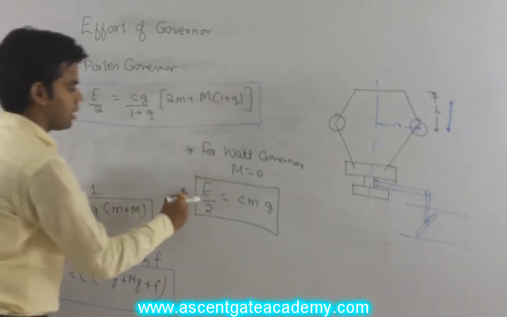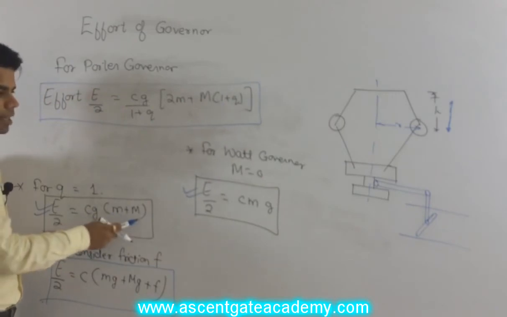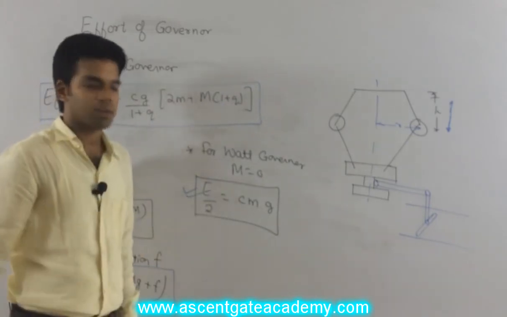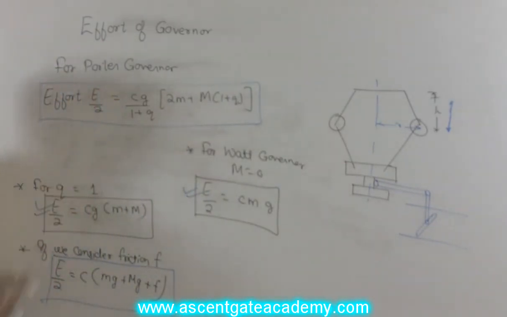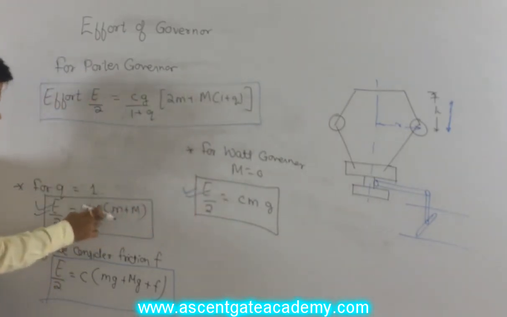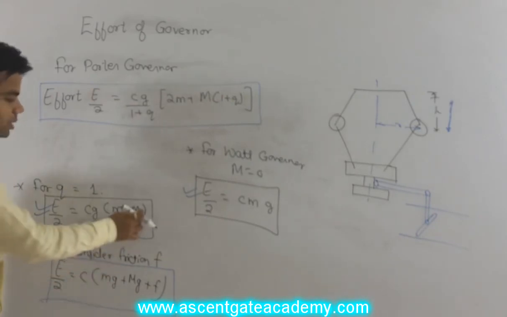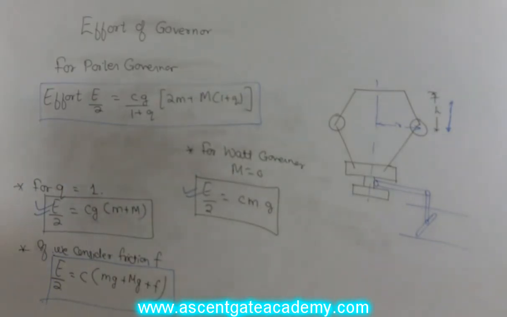This is the effort for a Porter governor, Cg into m plus capital M. This is the effort of the Watt governor, Cg into m. So the effort required for a Watt governor is less than that of the Porter governor, because in the Porter governor this capital M factor is added extra.